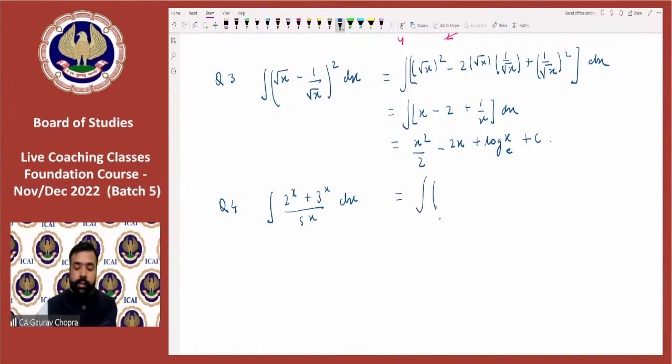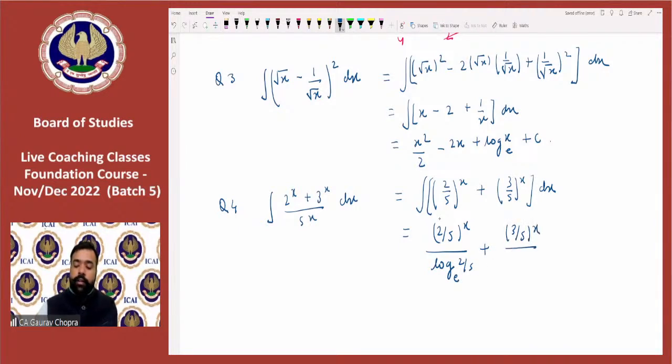We can write it as 2 by 5 to the power of x plus 3 by 5 to the power of x and then dx. So we can apply the formula for a to the power of x, that is a to the power of x divided by log of a base e. So we have applied this formula. So 3 by 5 to the power of x divided by log of 3 by 5 with base e, adding the constant c.